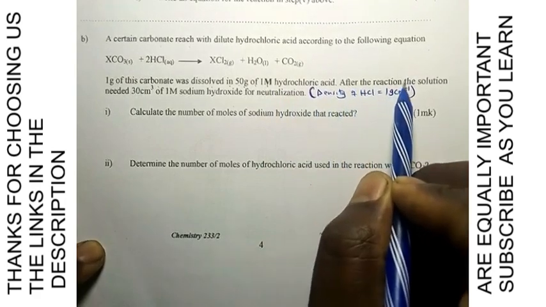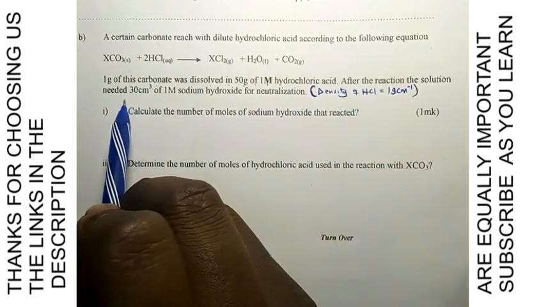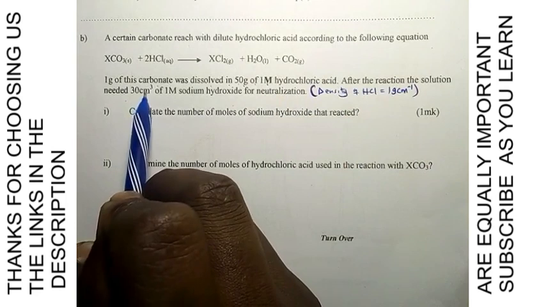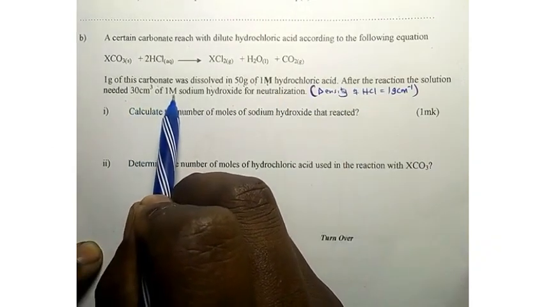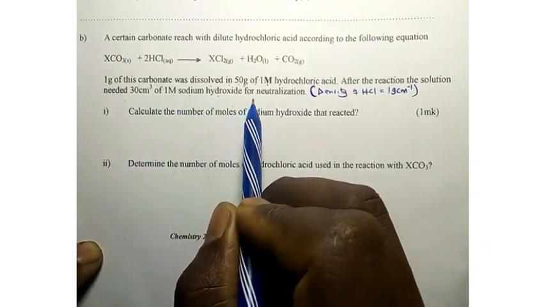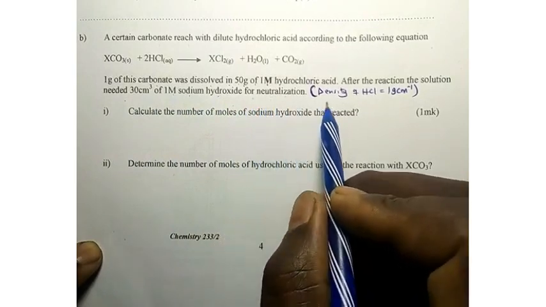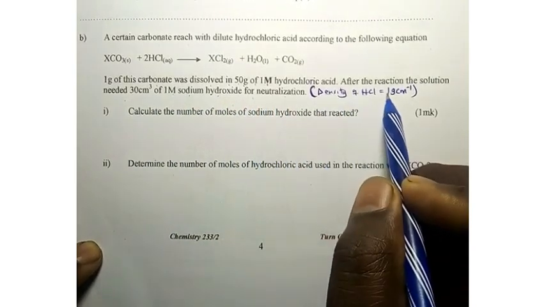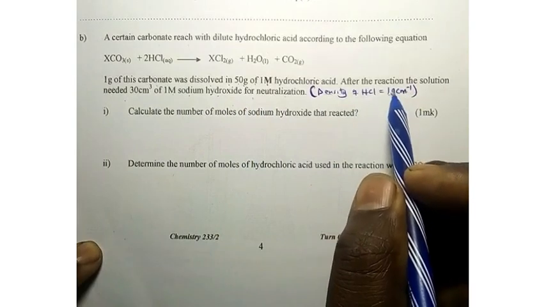After the reaction, the solution needed 30 centimeters cube of 1 molar sodium hydroxide for neutralization. We will be given the density of HCl is 1 gram per centimeters cube.